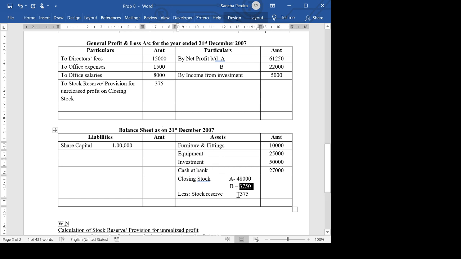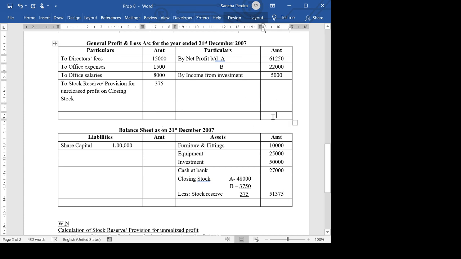So putting these two together, the final amount here will be 48,000 plus 3750 minus 375. You will get 51,375. Okay, and now we can find out our final net profit.